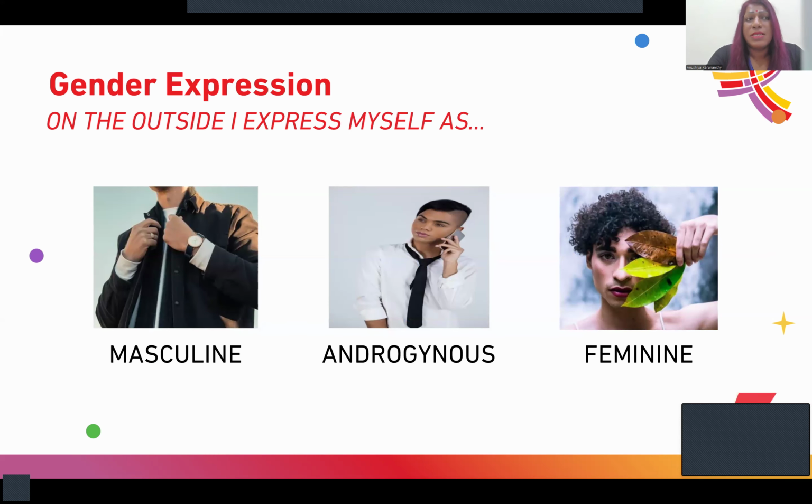This is how we express ourselves regardless of our gender identity or sex at birth. It can be masculine, feminine, or both, which is androgynous.